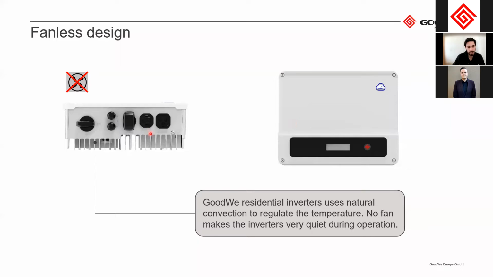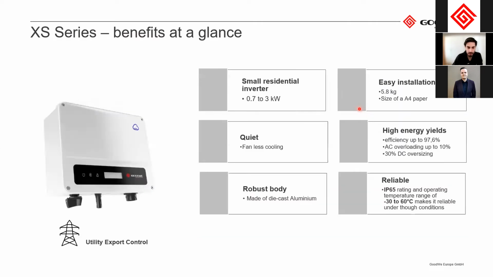As I said before, most of them have a fanless design, which makes them very suitable for installing indoors. Here you can see the cooling fins on the back side. This is our excess inverter. It ranges from 0.7 to 3 kilowatt.